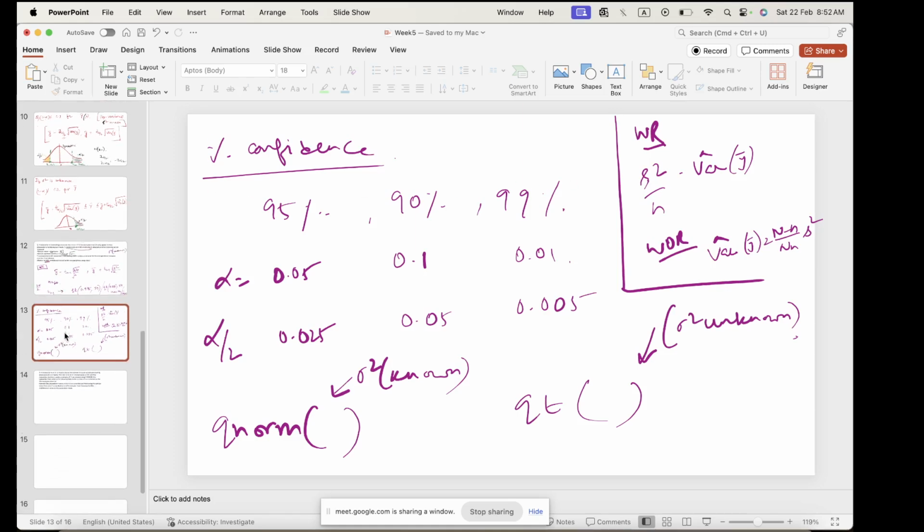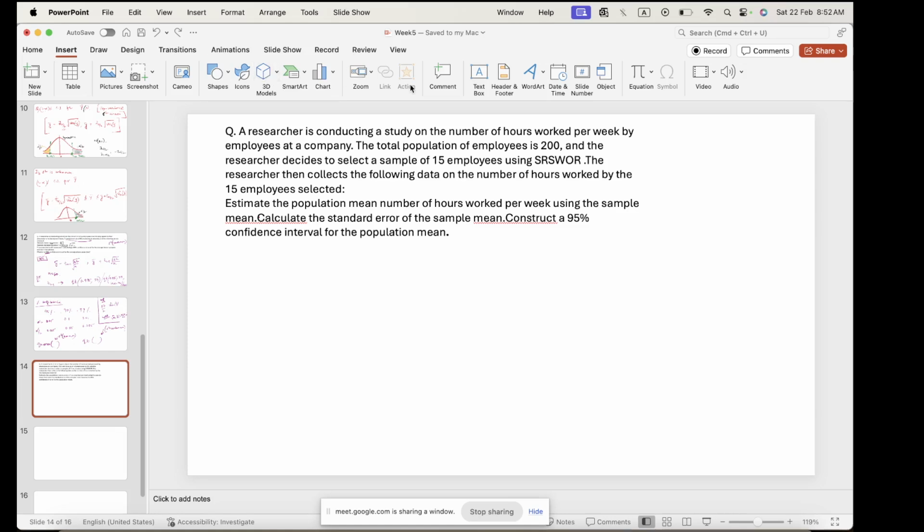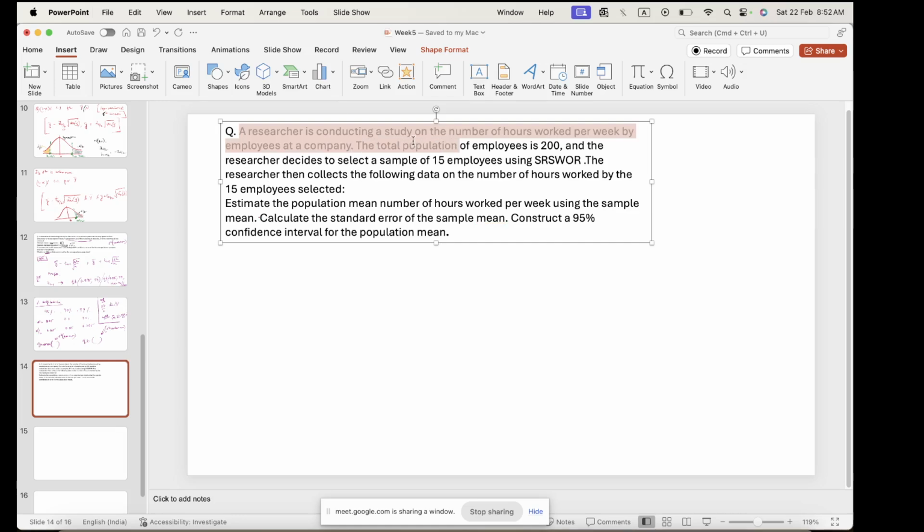Similarly, let's check out the next one. Here again, let me show an example with 90. A researcher is conducting a study on the number of hours worked per week by employees at a company.